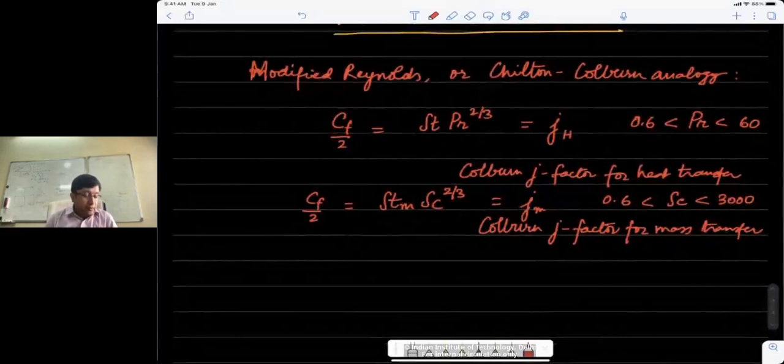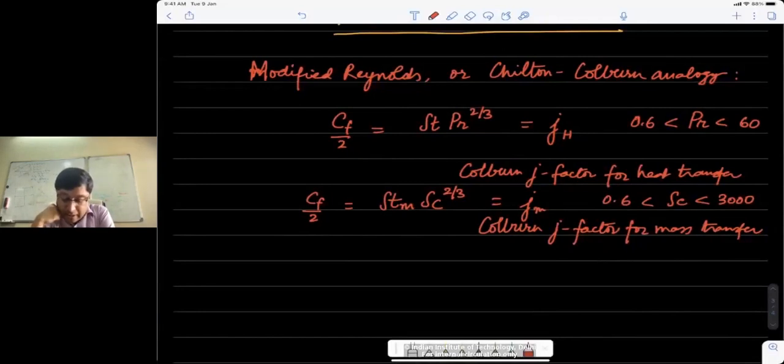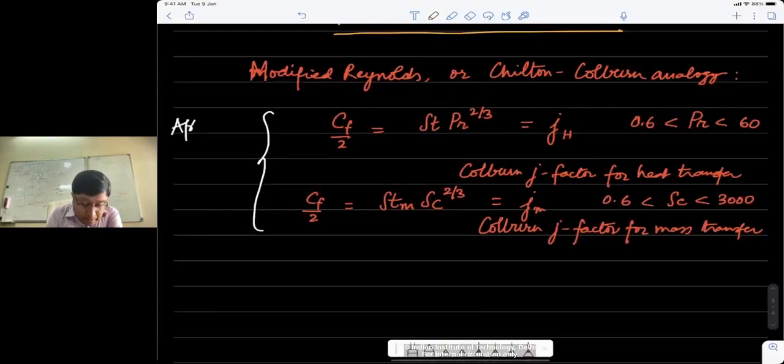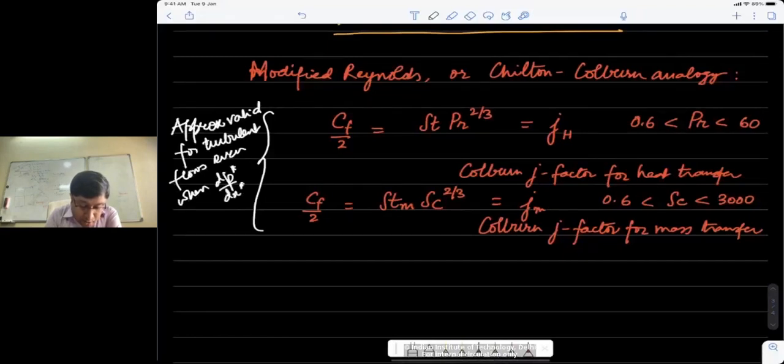But it looks simple, and there is still one issue that persists with this analogy. Even though it is quite readily applicable for turbulent flows, it remains approximately valid for turbulent flows even when dp star dx star may not be zero.